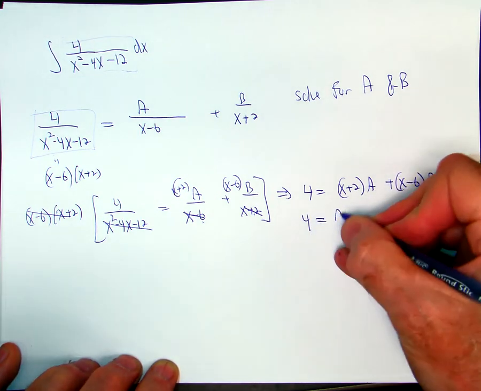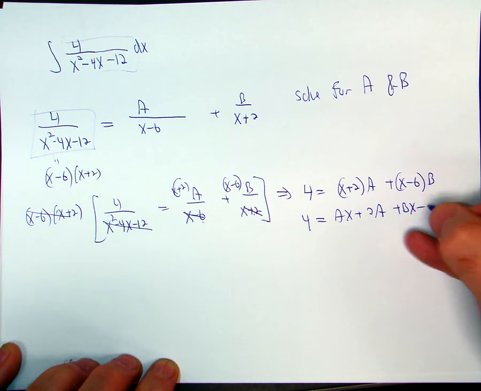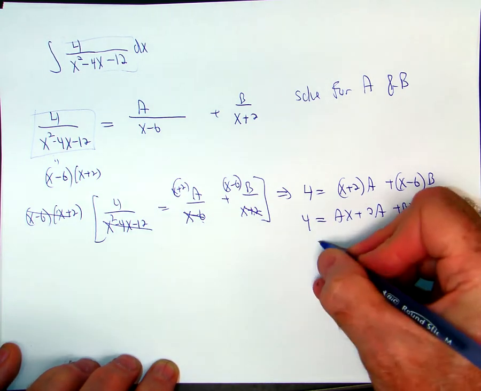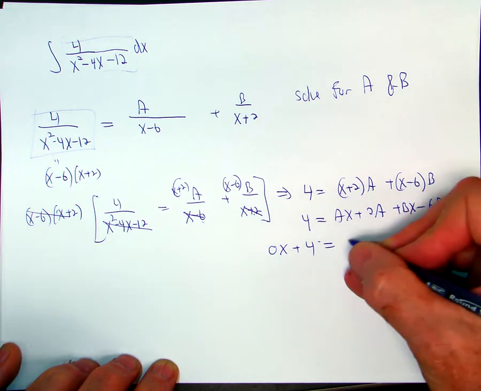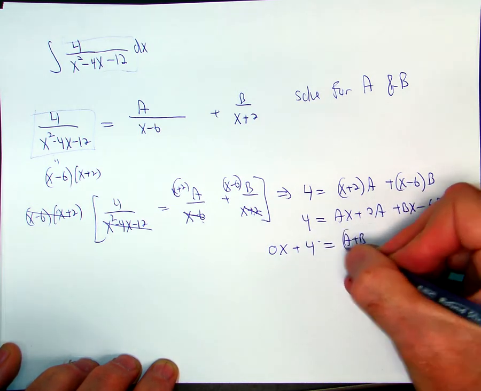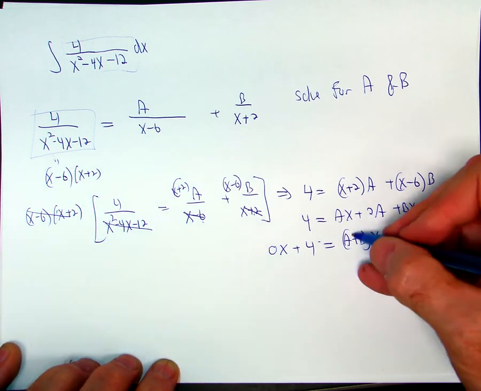4 equals Ax plus 2A plus Bx minus 6B. So really this is going to be 0x plus 4 equals A plus B times x plus 2A minus 6B. So this is going to be 0.